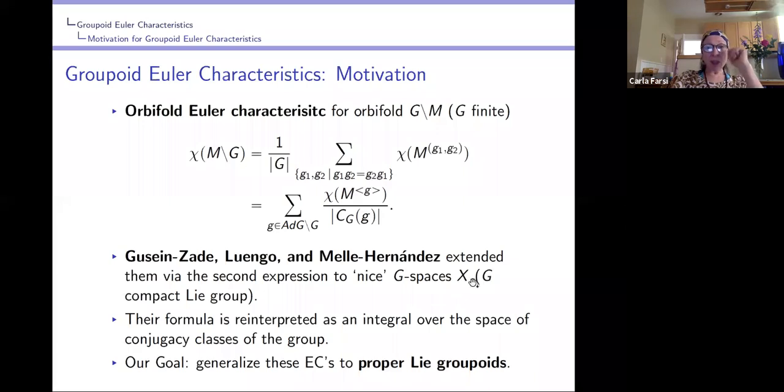And so when we saw this, we thought, well, maybe we could extend it even further, because this corresponds to the translation groupoids G ⋉ X. So perhaps we can do it for more general groupoids, like proper Lie groupoids.